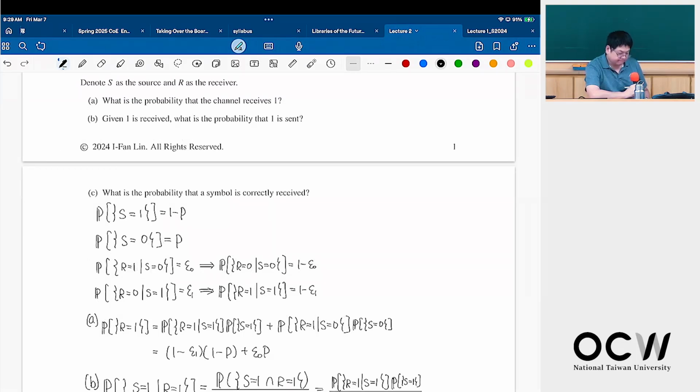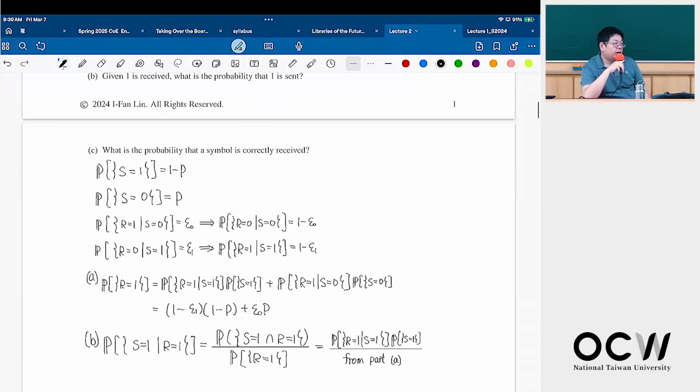Then the next question: what is the probability that the symbol is correctly received, which means that I sent 0 and I received 0, or I sent 1 and I received 1.